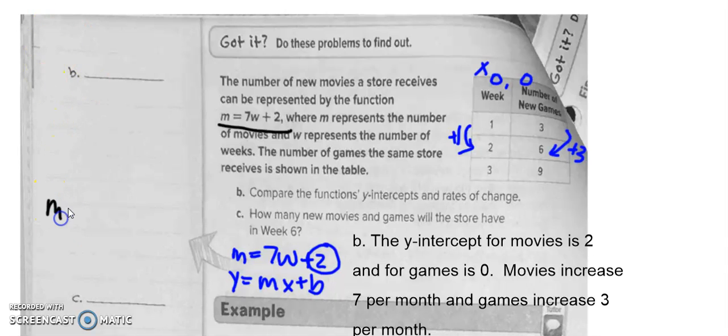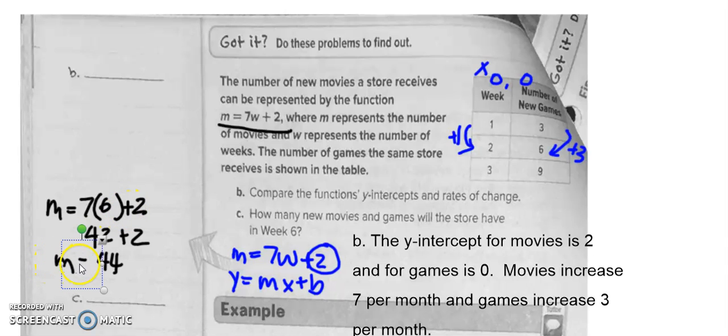So m equals 7 times, instead of w, I'm going to plug in my week 6, plus 2, and I would see 7 times 6 is 42, plus 2, 44. So by week 6, they would have 44 movies.